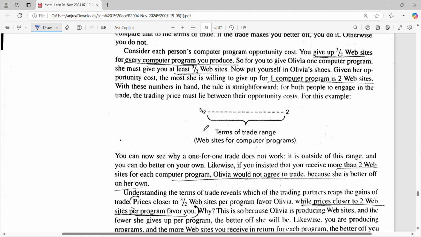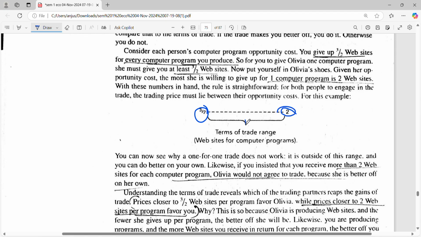For the rest of the goods, you need to enter a trade. How is the price of trade determined? That is what we are discussing here. You give up 3/2 websites for every computer program, and Olivia gives up 2 websites for every computer program.